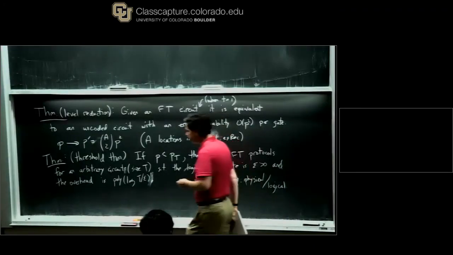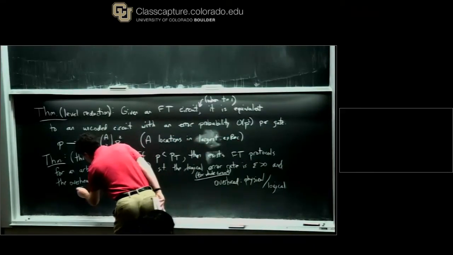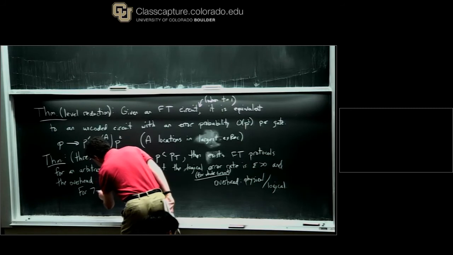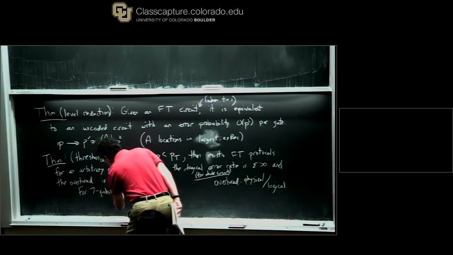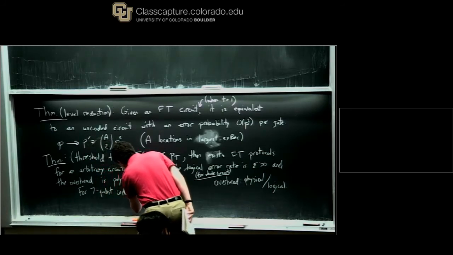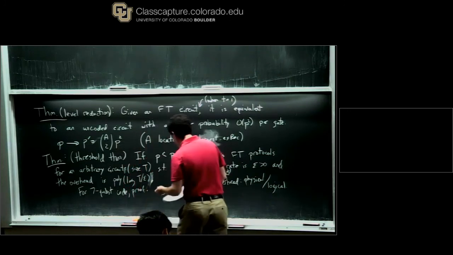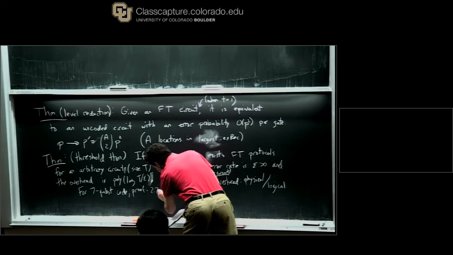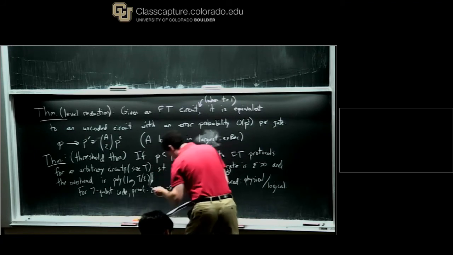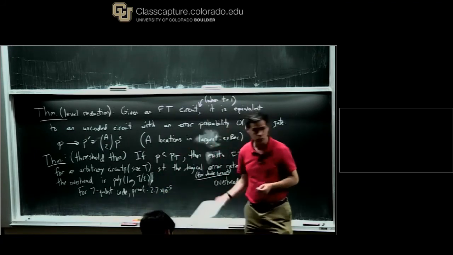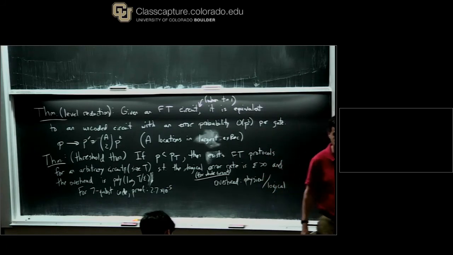But for this concatenated 7-qubit code, we can prove that the threshold is at least 2.7 times 10 to the minus 5, when you use the error models that I've been talking about so far. Now, it's probably a little bit higher than that.